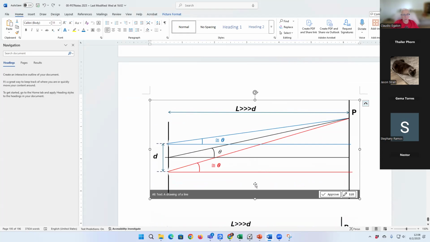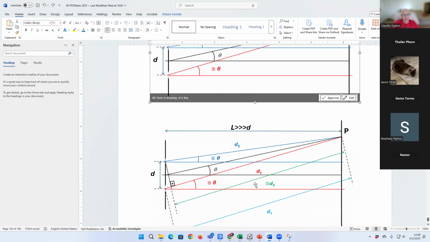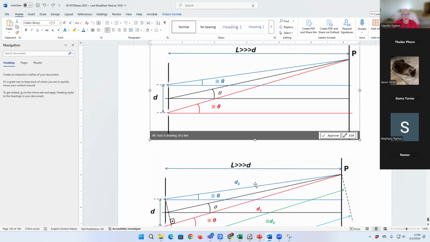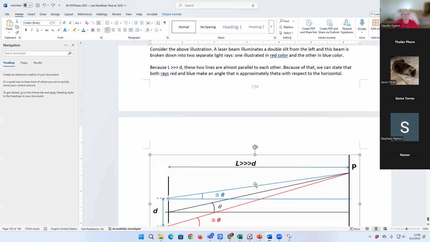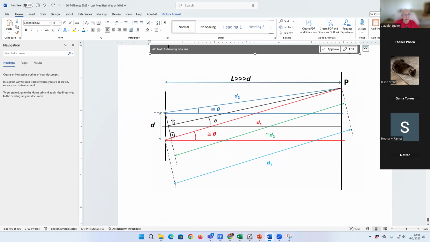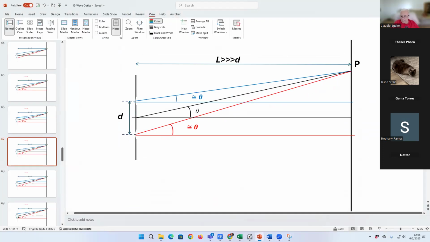And now that their angles are almost the same, we can now state that there is a right angle triangle here that we can extract to get our equations.